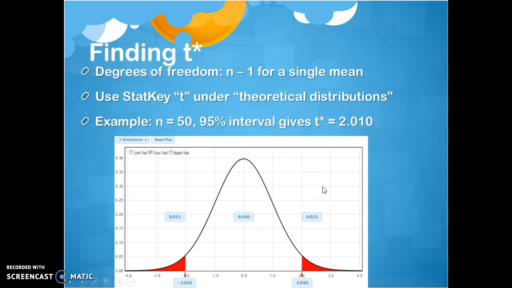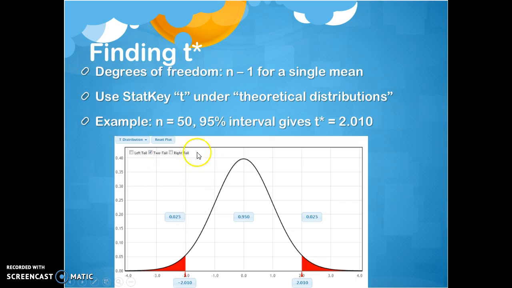We find our degrees of freedom to tell us what specific shape of t-distribution we're working with. For a single mean, the degrees of freedom is simply the sample size minus 1, or n minus 1. So for a sample size equal to 50, that's 49 degrees of freedom.